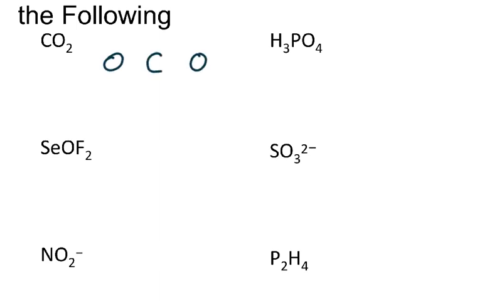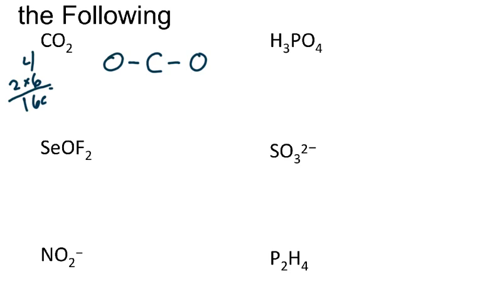Our total number of electrons is going to be 4 from my carbon plus 2 times 6 from my oxygens, which gets me a total of 16 electrons I have to account for. If I draw single bonds, I could either fill in my lone pairs and find out that I have too many, or I could remember that carbon doesn't like lone pairs.